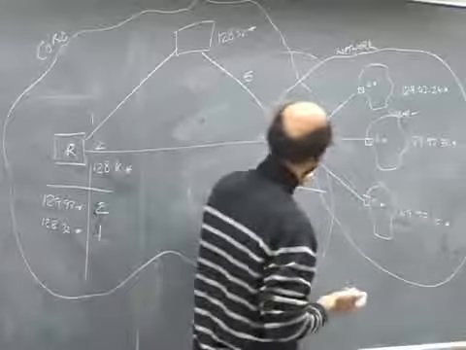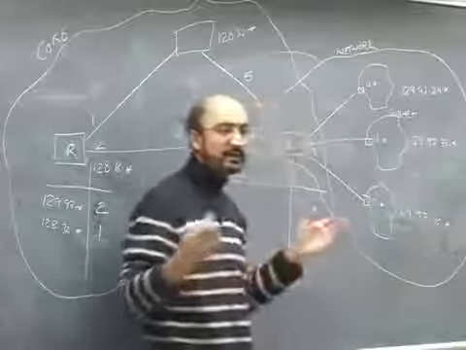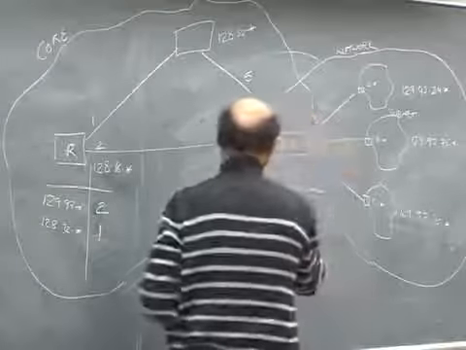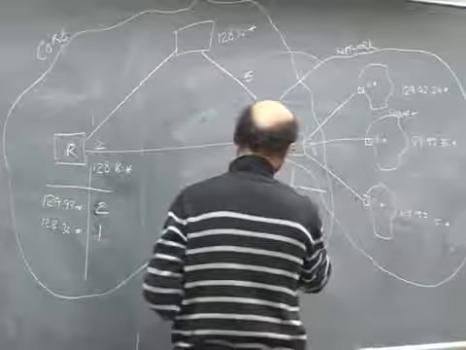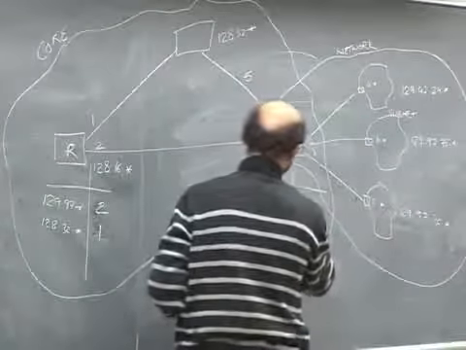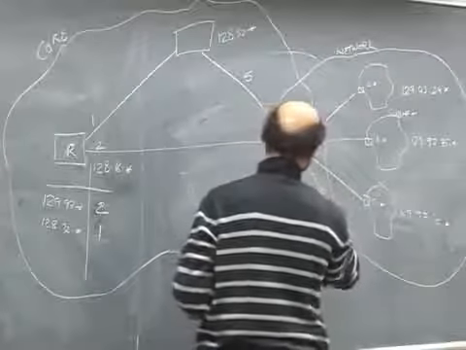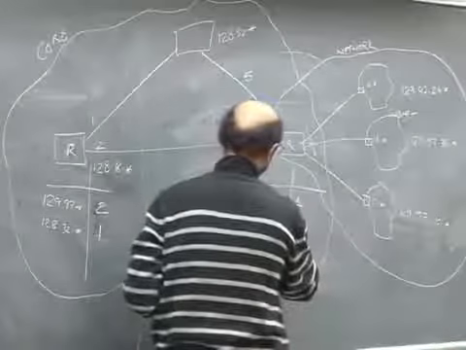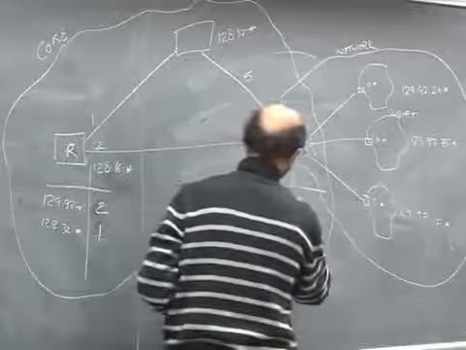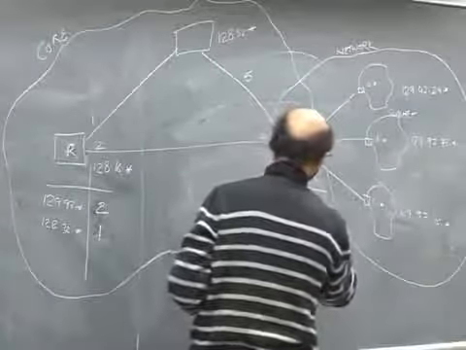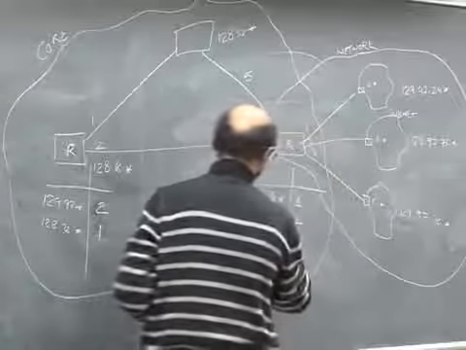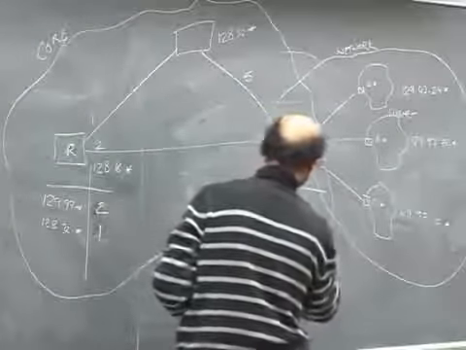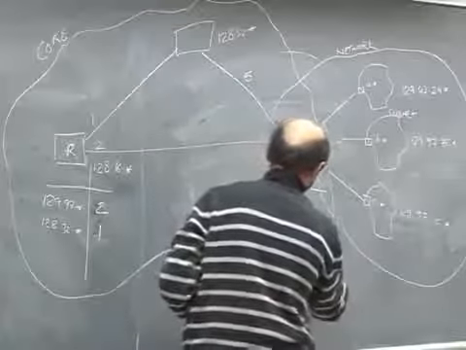First of all, if a packet comes from anywhere, it doesn't matter where it's coming from, and the destination is 129.97.24.star, that should go on port number 1. If the destination is 129.97.75.star, that should go to port number 2. If it's going to 129.97.36.star, that's going to port number 3.